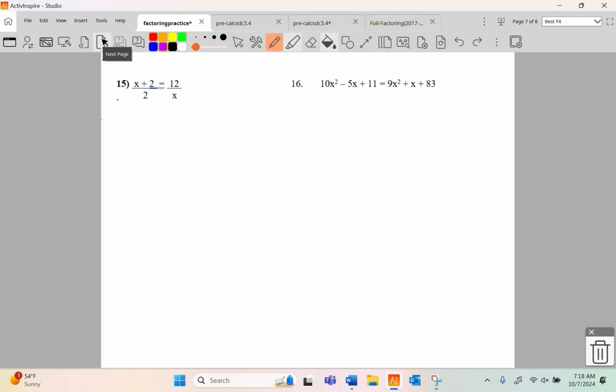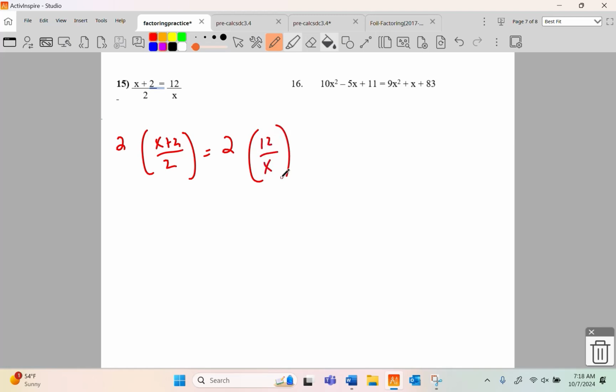I think this is the last one I have earmarked as 15. Not a very hard problem. We're going to clear the fractions. The opposite of dividing by 2 is multiplying by 2. I'm going to leave some space too. Now, if I do it to one side, I have to do it to the other.